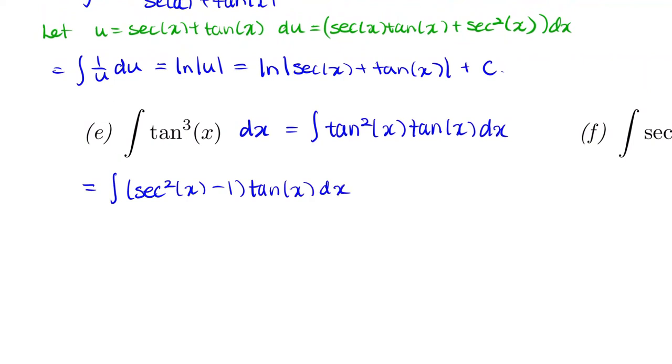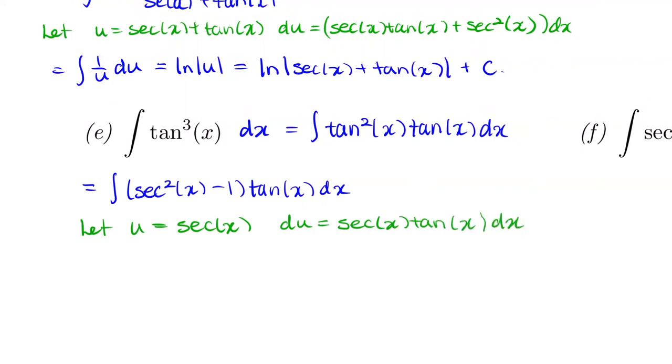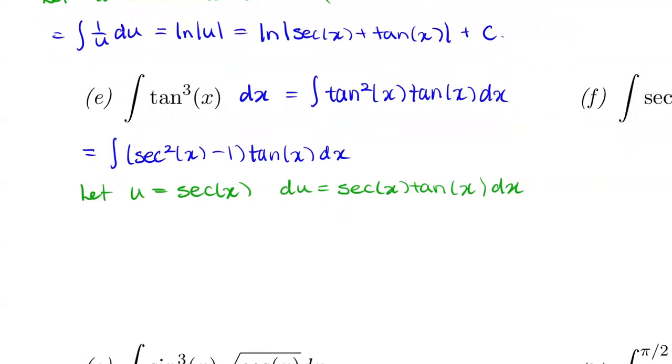Right? And so if we make the substitution that, if we let u be the secant of x, then du is equal to secant x tan x dx. Alternatively, we want the tan of x here. So I'm going to divide both sides by secant of x so that we would have du divided by secant of x.